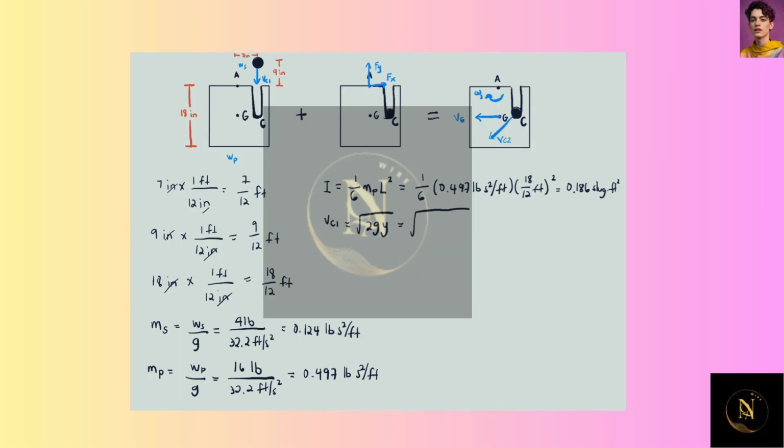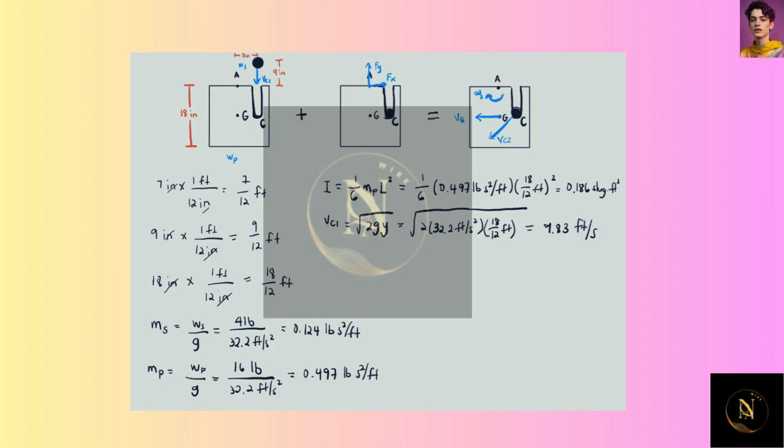So this will be 2 times 32.2 feet per second squared times the height, which is 18/12 feet. This gives us 9.83 feet per second. So these are our values.